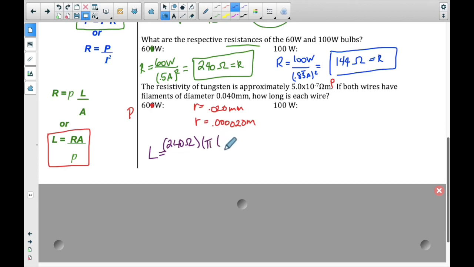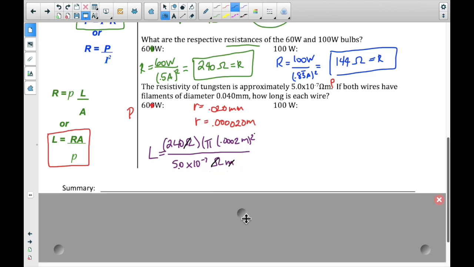So we're going to take pi times 0.0002 meters squared, and we divide that by the rho, which is given to us as 5 times 10 to the negative 7th. Before I plug this into my calculator, I might want to check units: one of these meters is going to cancel with that meter, this ohm is going to cancel with this ohm, and we're going to be left in meters, which is length, so we're good to go. So take a second, put that into your calculator, see what you get.